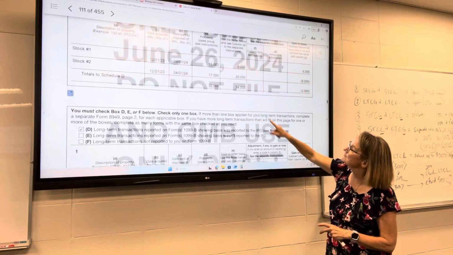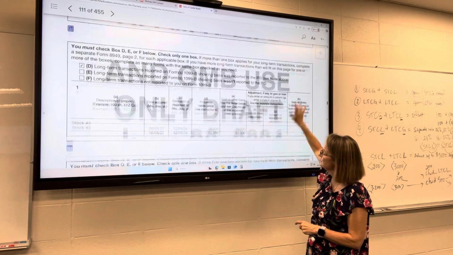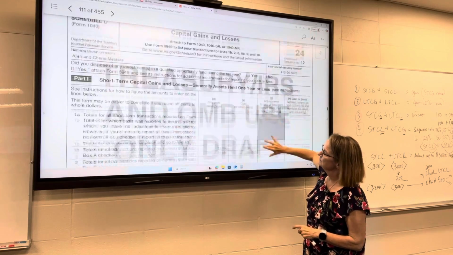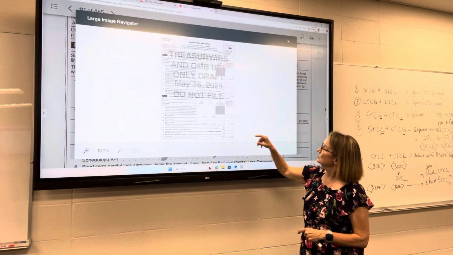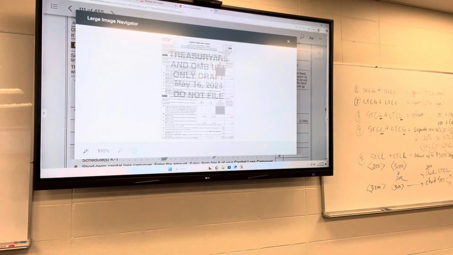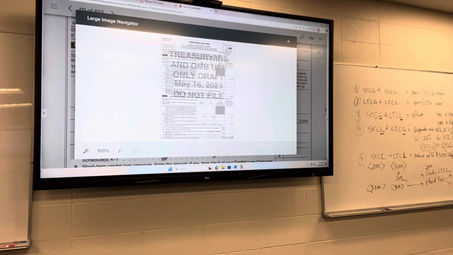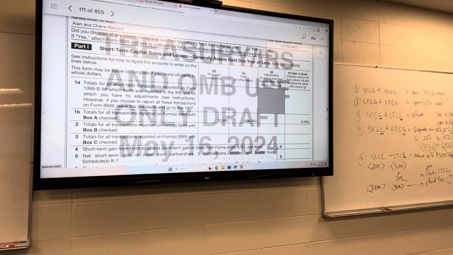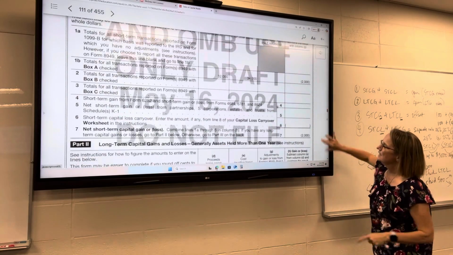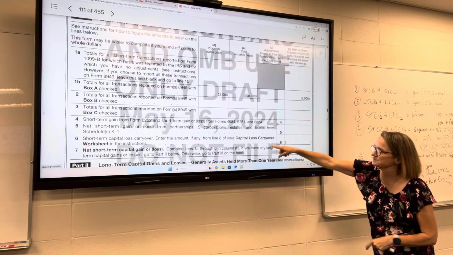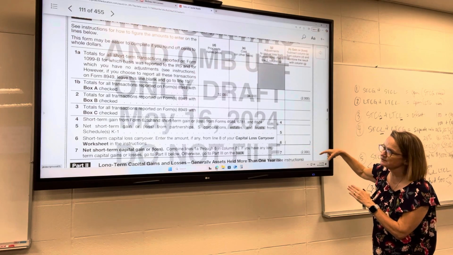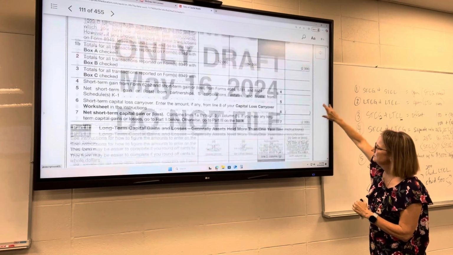So the sum of these, 32,000, 34,000, that's going to get transferred to the Schedule D. And that's where it shows up, and it gets summed up here, net short-term capital gain or loss, right there.